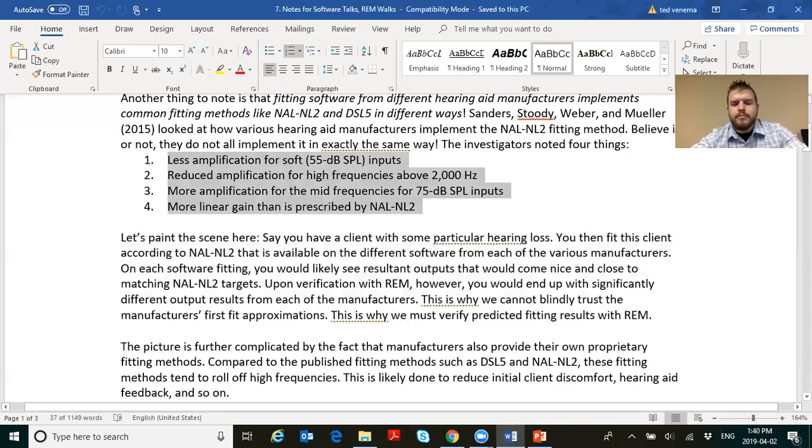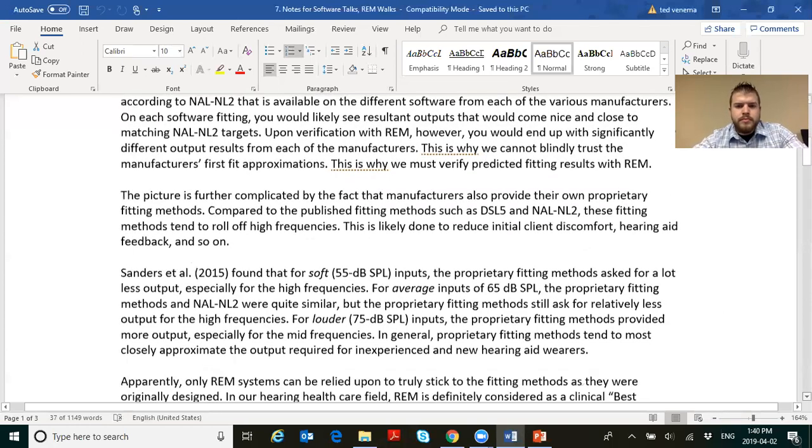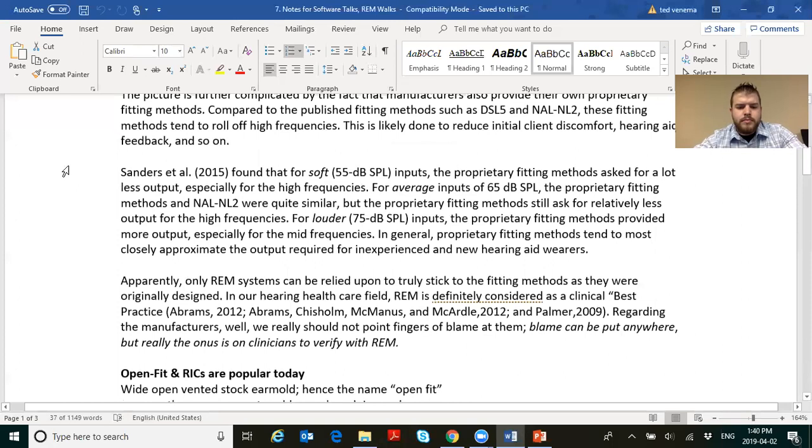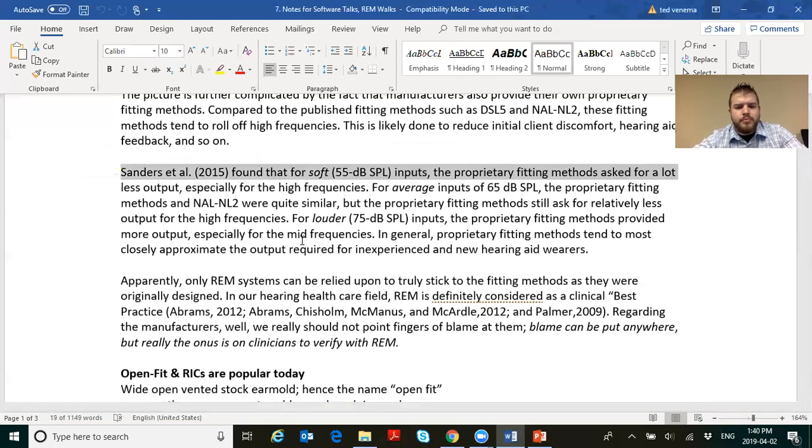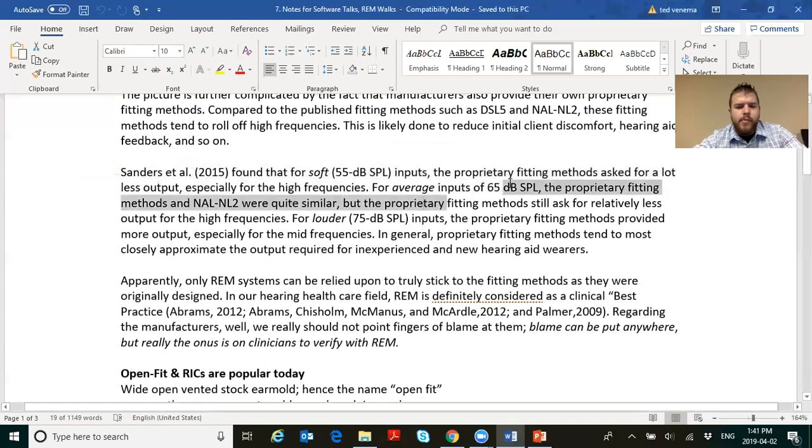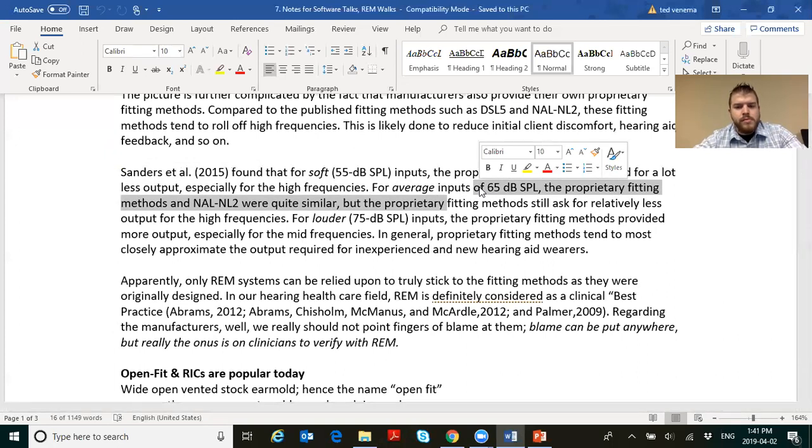So basically, working our way down the page, these guys found in 2015 that for soft inputs, the proprietary fitting methods ask for a lot less output, especially for the highs. For average inputs of 65, the proprietary fitting methods and NAL2 were actually quite similar, but the proprietary fitting methods still ask for less output in the highs.